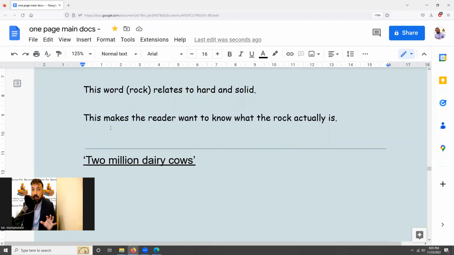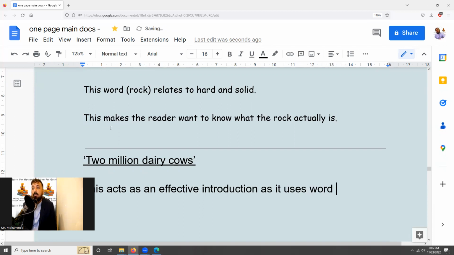I'm going to say this acts as, literally just like the way you have it written down, this acts as an effective introduction as it uses, again, word choice to grab the readers' attention. It's always this we want to focus on because it's the easiest thing.